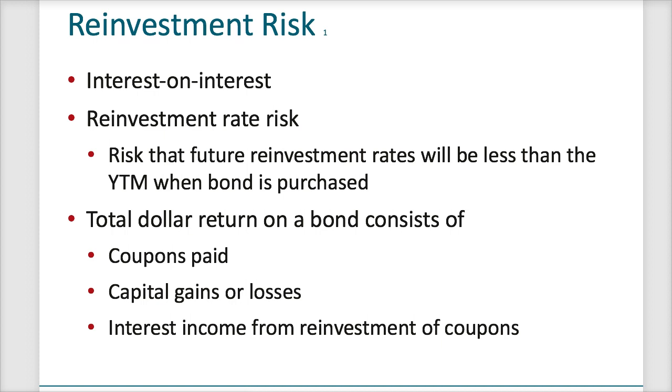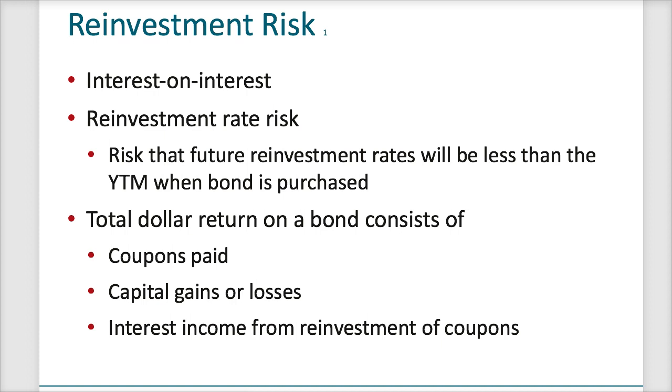Now, it's not realistic to think that the income earned at the reinvestment rate is going to be the same as the yield to maturity rate. If an investor reinvests all the coupons at a rate that differs from the yield to maturity, the realized compound yield will differ from the yield to maturity. The fact that the coupons almost always are reinvested at a rate higher or lower than the yield to maturity is what gives us this reinvestment risk.